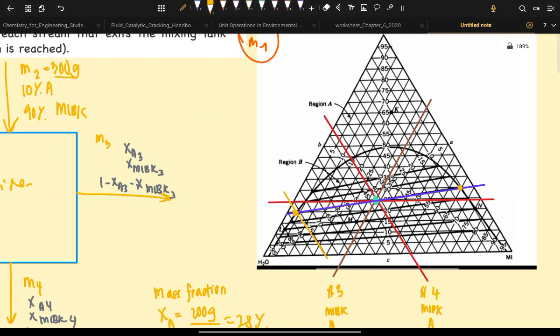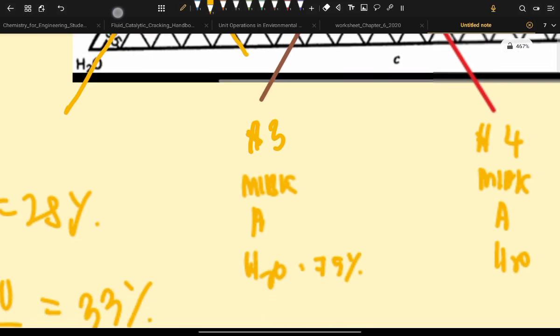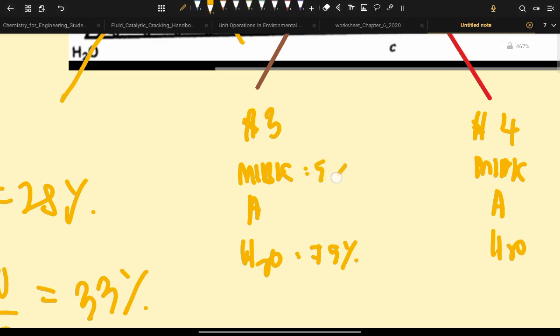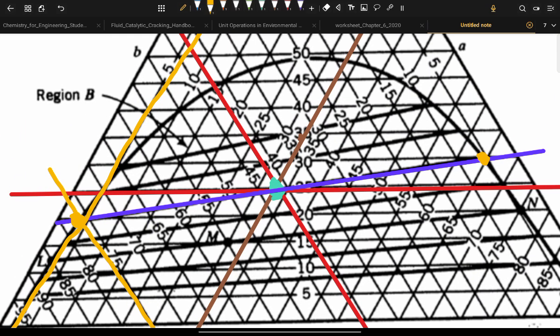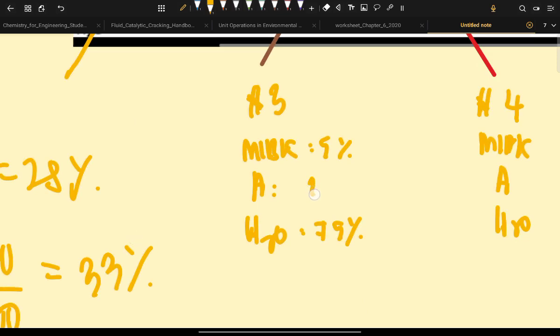You can see clearly here it intersects, and then MIBK is 5%, and acetone is around here. Okay, it is 20%.